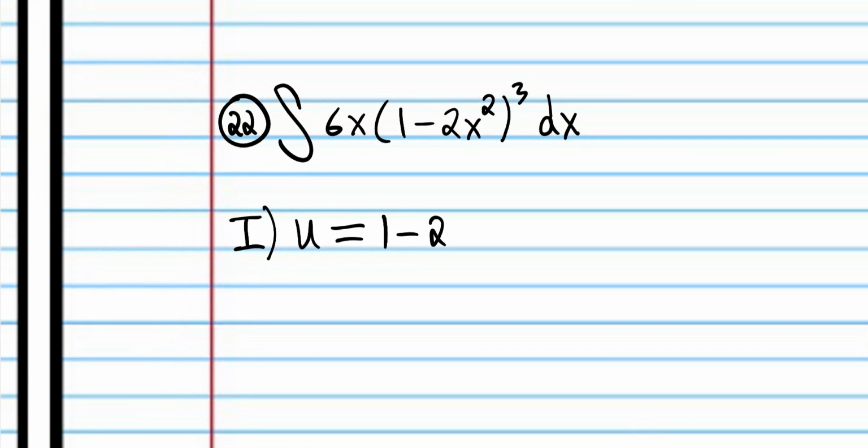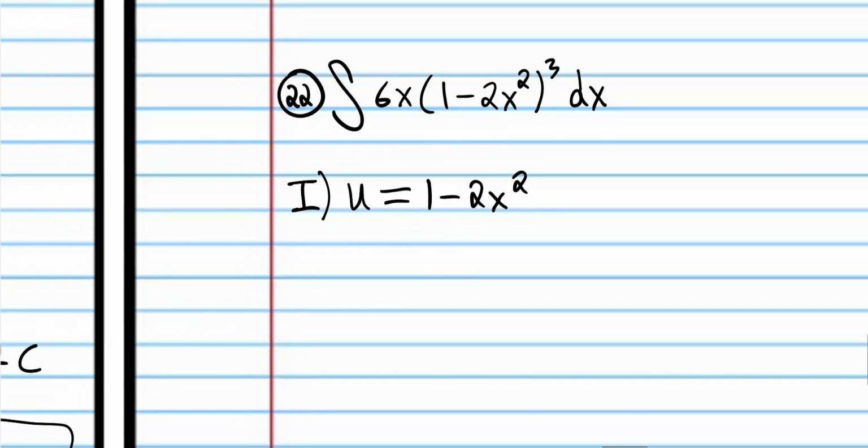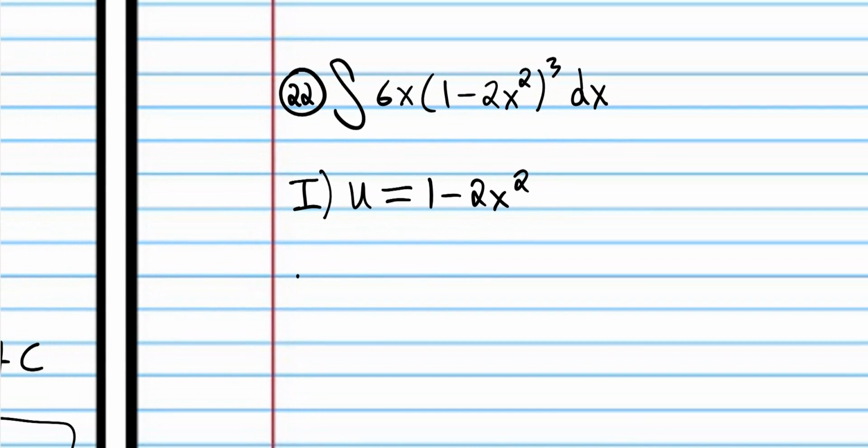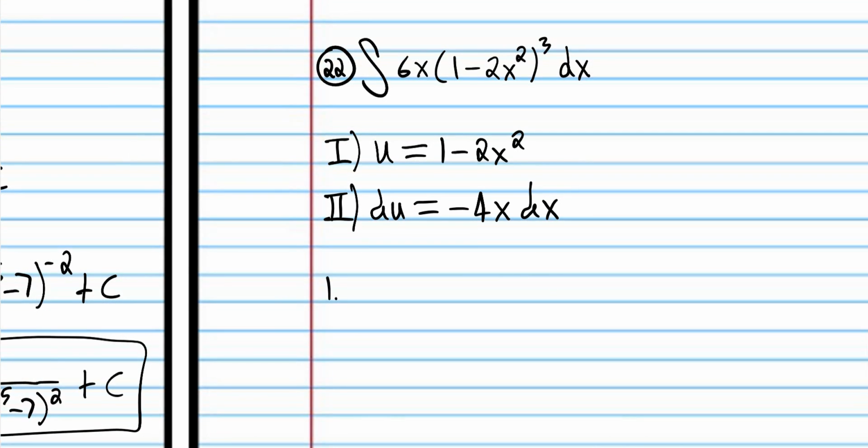Step number 1 is to define u. Step number 2 is to find the derivative of u, which we call du using Leibniz notation. And we're going to use that ornament dx. And then step number 3 is to solve for that ornament dx.